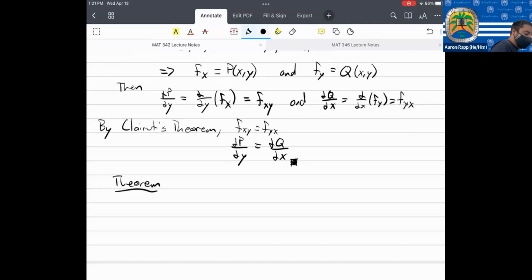So in short, this theorem says if my vector field is conservative, then I have this relationship between my partial derivatives.